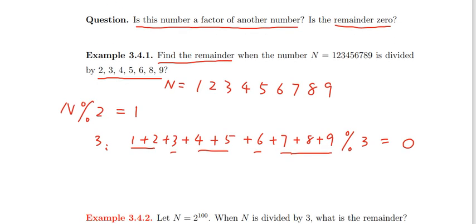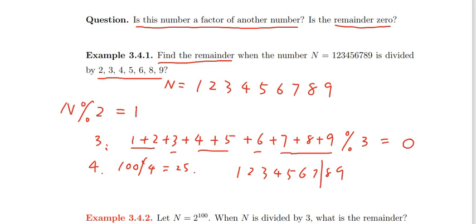Okay, so how about 4? We check that 100 divided by 4 has remainder 0, right? So for those numbers 1, 2, 3, 4, 5, 6, 7, 8, 9, this part is this number multiplied by 100.